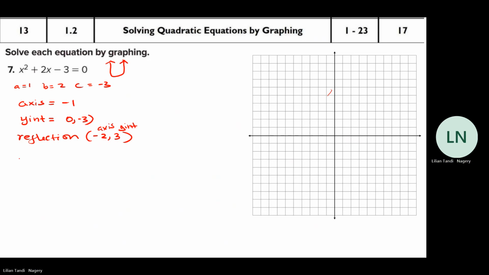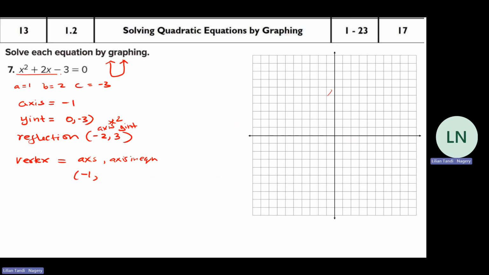Then my vertex, I got -1. This is axis times 2, not just axis. Axis times 2. Reflection is axis times 2. Vertex will give you axis and axis in the equation. Axis was -1.